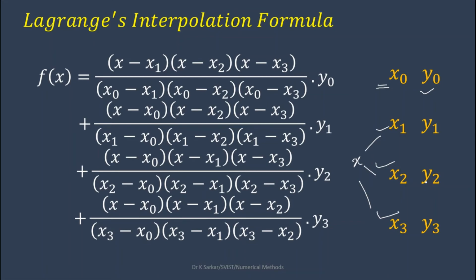In the fourth term, leaving x3, x0, x1, x2 are subtracted from x. The same terms are subtracted from x3 in the denominator. The whole term is multiplied by y3. So to remember, this is very easy.